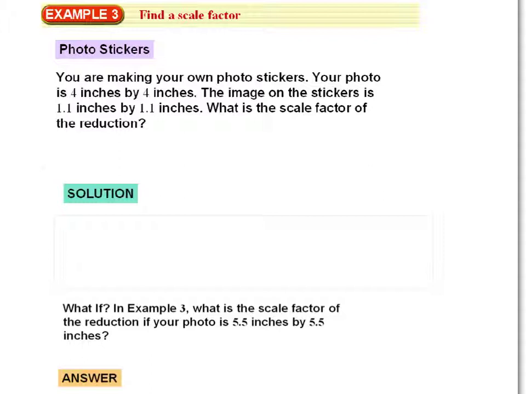So keep in mind that since we know it's a reduction, right off the bat we know that K should be less than 1 but greater than 0. And remember what I said, K is new to old. So the new length, the length that I want it to be, is 1.1, and your original is 4.